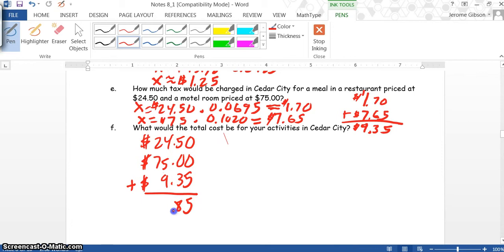We have 8. 4 plus 5 is 9, plus 9 is 18. Carry a 1. 7 plus 2 is 9, plus 1 is 10. So we will have $108.85. This is just counting the activities that we did in Cedar City. So that's for the motel room and the meal.